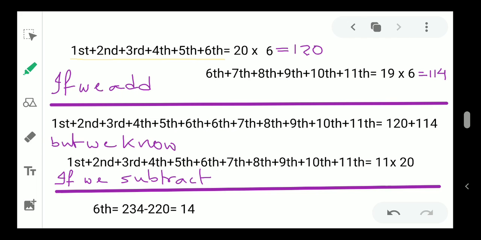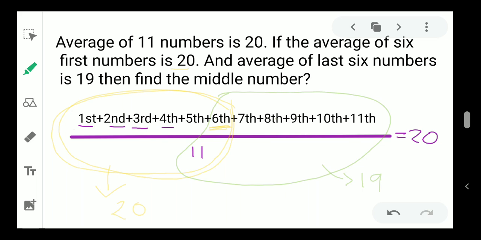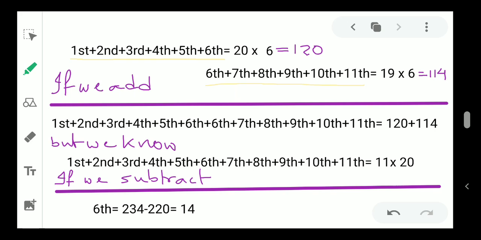So the total of the first 6 numbers is 120. And the total of the last 6 numbers is given by 19 multiplied by 6, so the total of the last 6 numbers is 114, because I have to multiply the average with the number of items, that is 1, 2, 3, 4, 5, 6, right? 6 numbers.